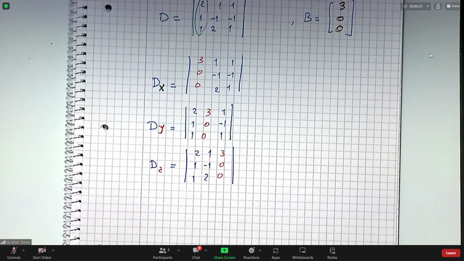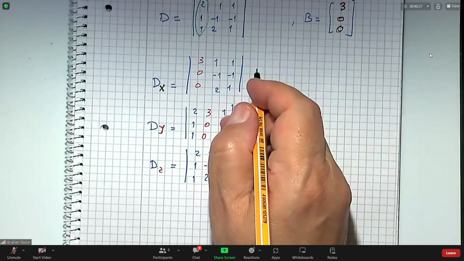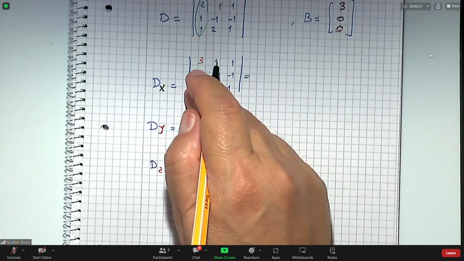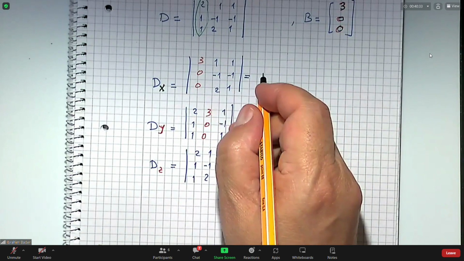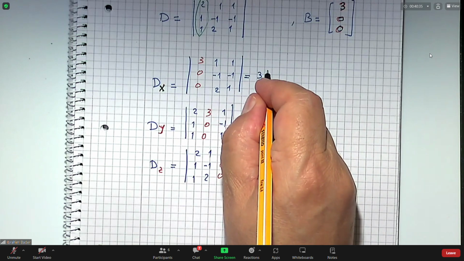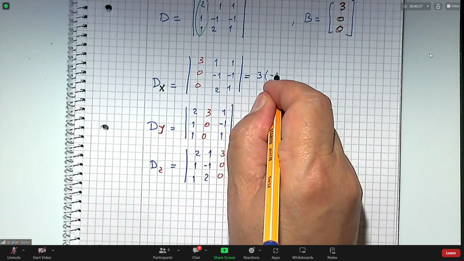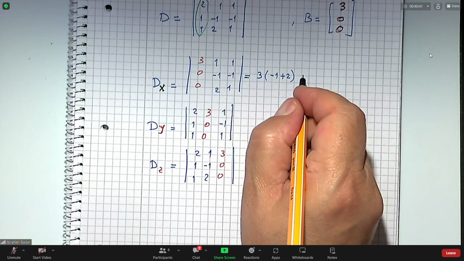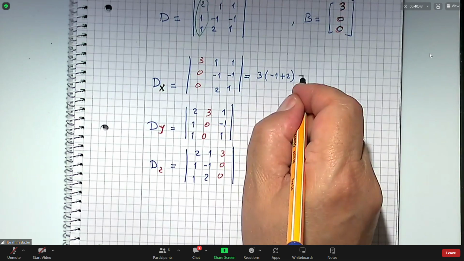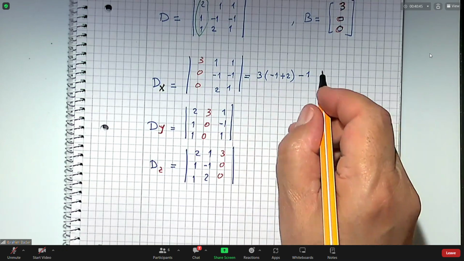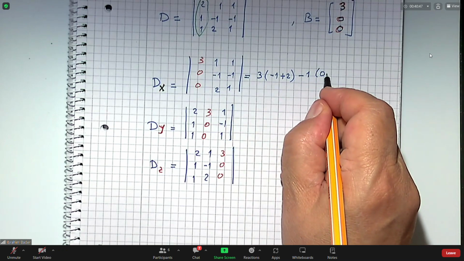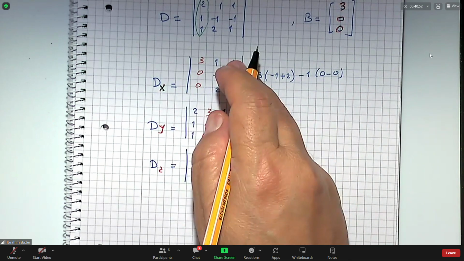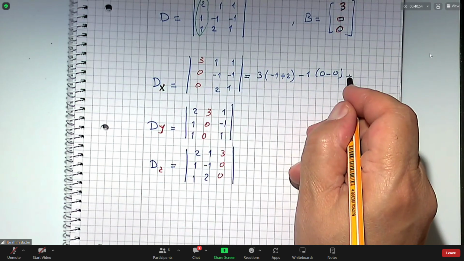Now let's evaluate these matrices. Okay, I'm going to replace this with these here. So here I will be having 3 times negative 1 plus 2. Then I have here minus 1 times 0 minus 0, because here I have 0, 0. And the last one here is 1.